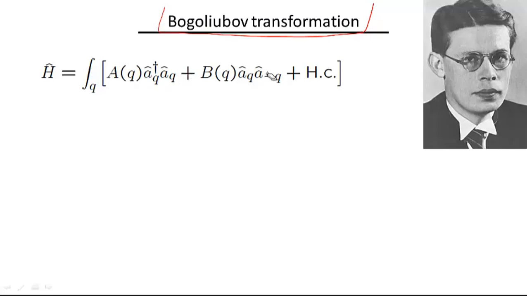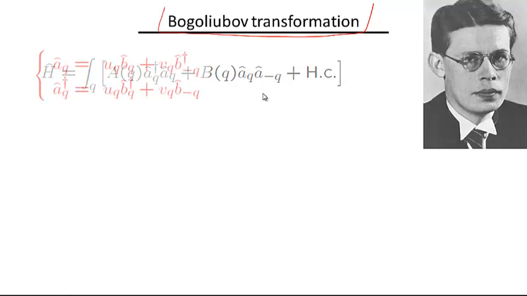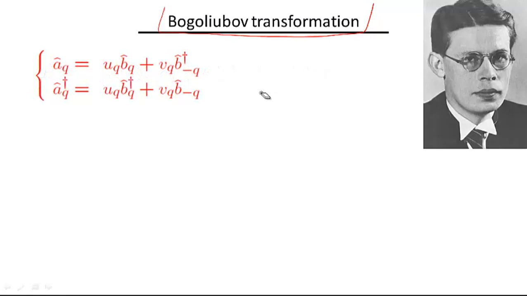So whatever transformation we come up with should probably involve a linear combination of at least a sub q and a sub minus q. Let me just present a form, knowing the result, which will save us some time. This is the generic Bogoliubov transform that introduces new operators, b sub q and b dagger sub q, which are linear combinations of a and a dagger, or vice versa.